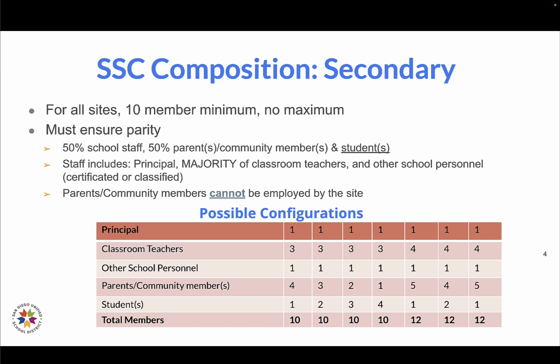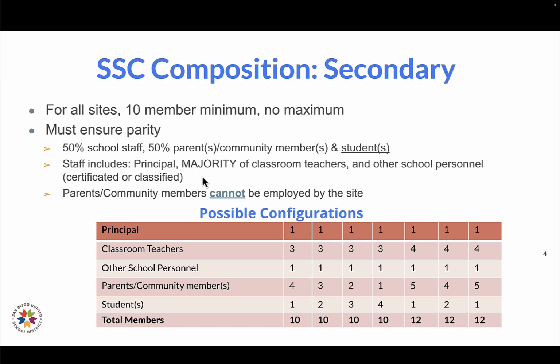There needs to be parity between staff and parent/community members and students. In that first example, the parity is achieved with 1 principal, 3 classroom teachers, and 1 other school personnel. So there's 5 on that side, and then 4 and 1, meaning 5 on the parent/community member/student side. So 5 and 5 makes a total of 10.